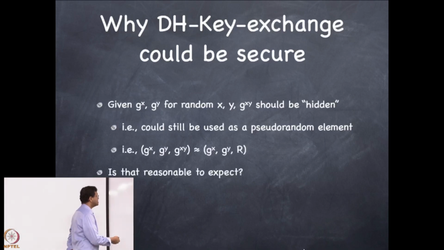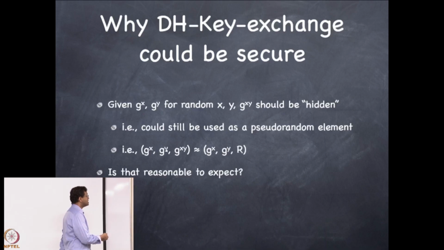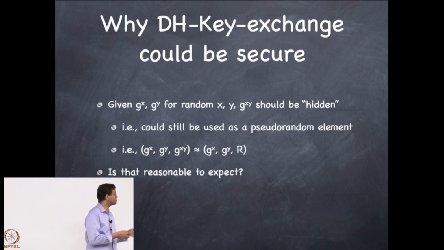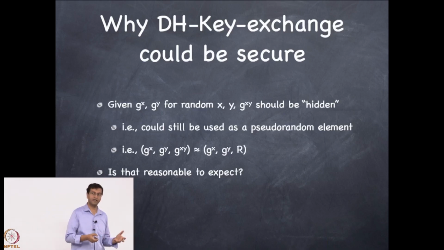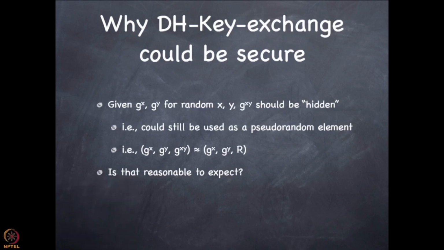What we want is that g to the x, g to the y, and g to the xy, if I give you as a tuple, looks indistinguishable from g to the x, g to the y, and some completely independent random element r. So if these two distributions, when you pick x and y at random, are computationally indistinguishable, meaning no feasible adversary can have a non-negligible advantage in guessing where the sample came from, then we would be in business. But is that reasonable to expect?